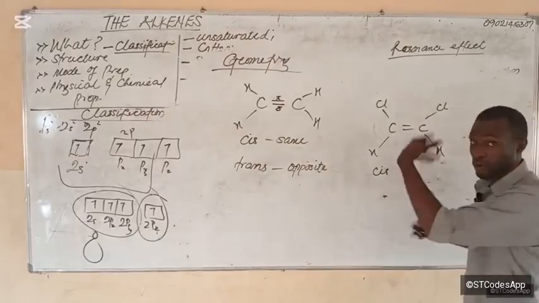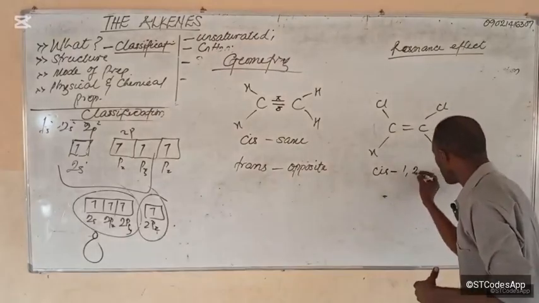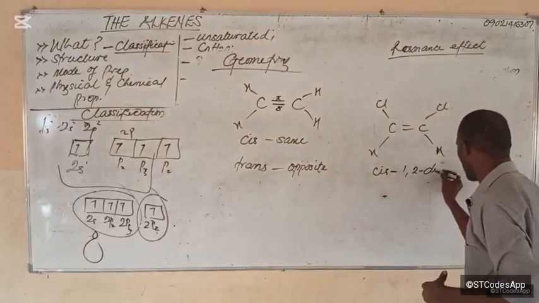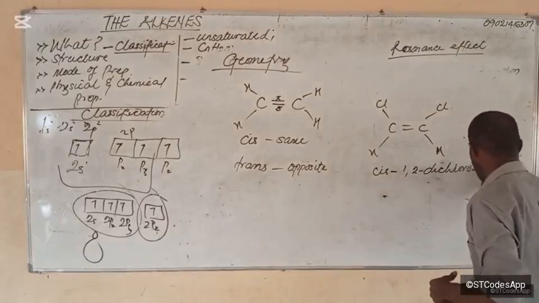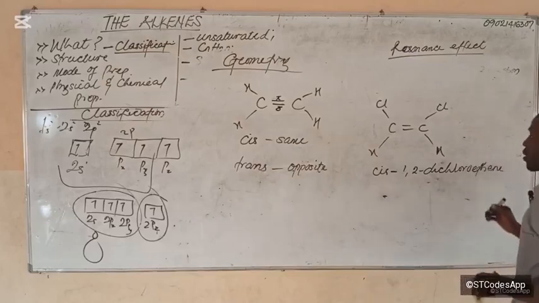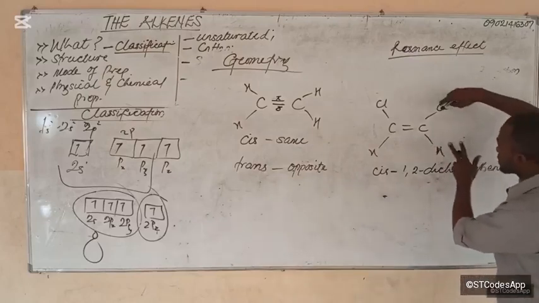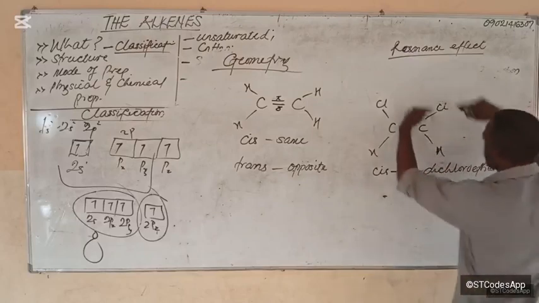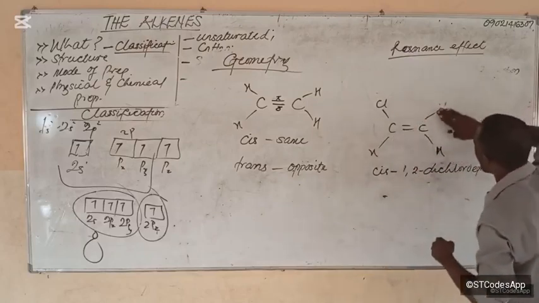So I'll start with cis if I want to name it. Cis-1,2-dichloroethene, okay?